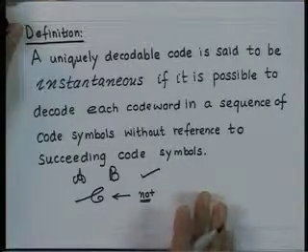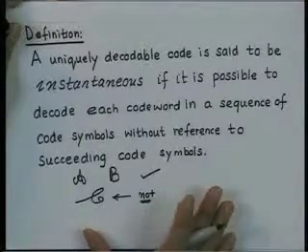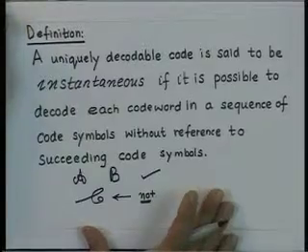Now it was very easy for us to find out whether a uniquely decodable code is instantaneous or not in these three examples. But the question is, is it possible to find out or devise a general test for a code which tells when a code is instantaneous or not instantaneous?